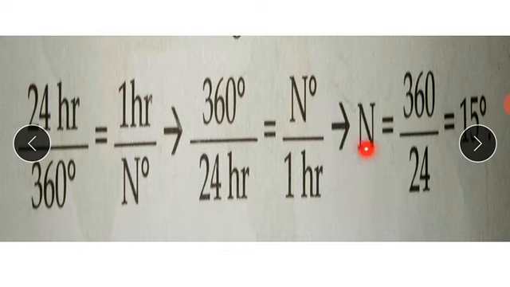Then you can do the cross multiplication. So 360 divided by 24, the answer would be 15 degrees in 1 hour. So it means that 1 hour is equivalent to 15 degrees longitude.